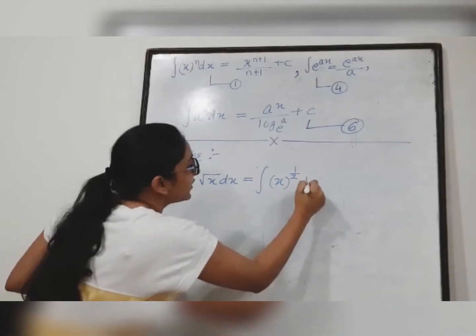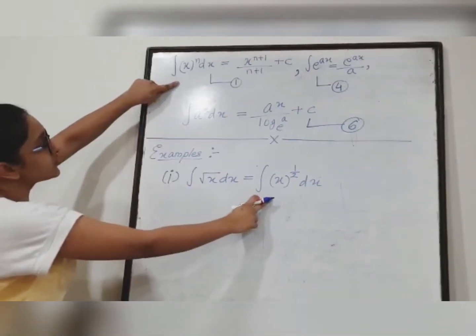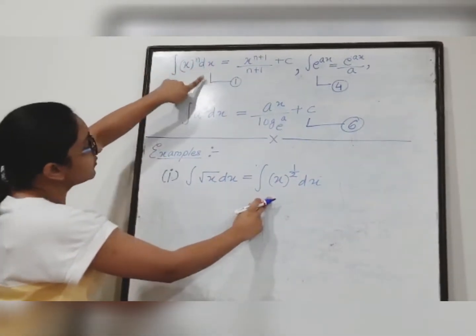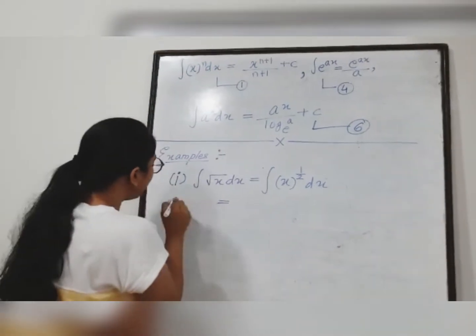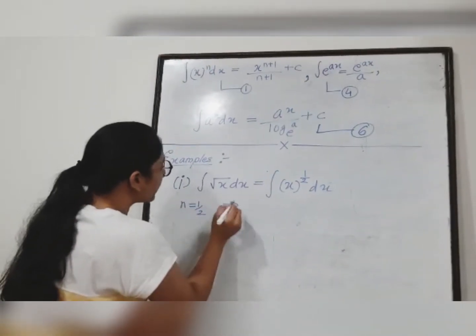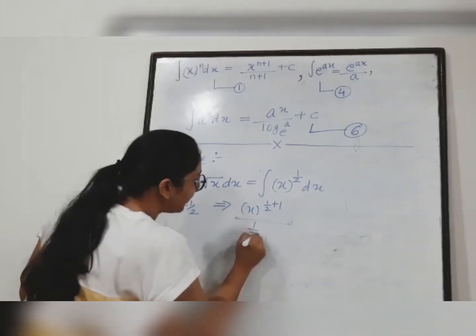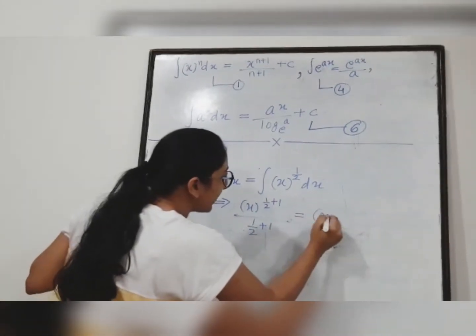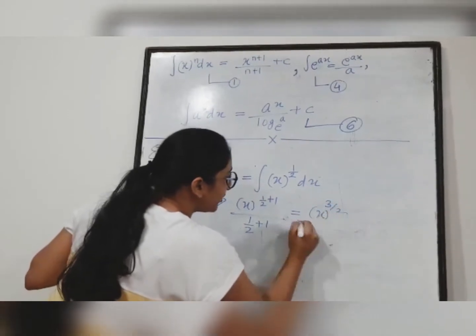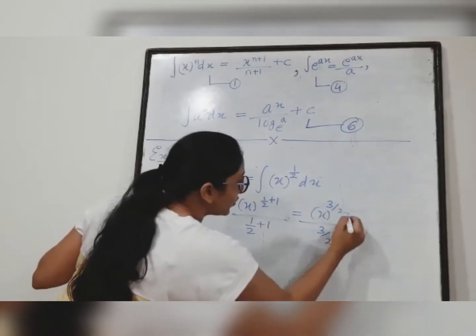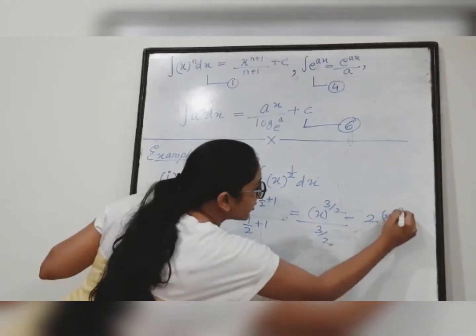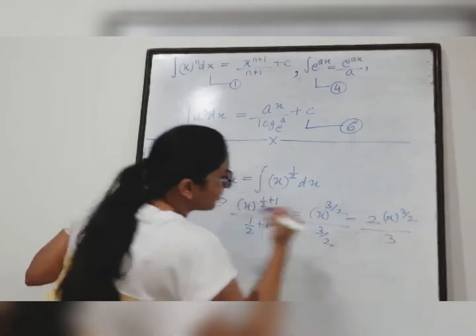Now here we will apply the first basic formula, which is x to the power n, where n is half. So it will give me x to the power half plus 1 divided by half plus 1, which is x to the power 3 by 2 divided by 3 by 2, which is 2x to the power 3 by 2 divided by 3.